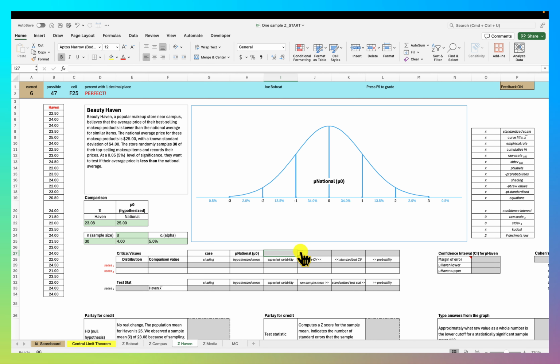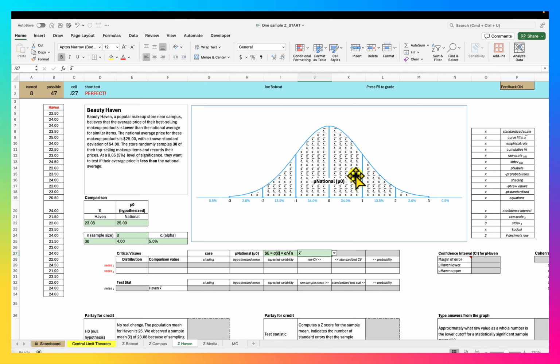So our expected variability here, or standard error, or sampling error, is the standard deviation of x bar. And that is the regular standard deviation divided by the square root of n, or divided by the square root of the sample size. We're looking at x bars.